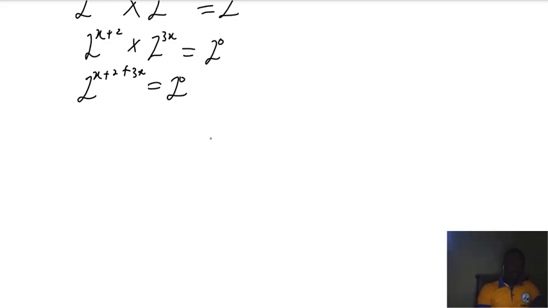So let's continue. So x plus 3x will give us 4x. We have plus 2 equal to 2 exponent 0.